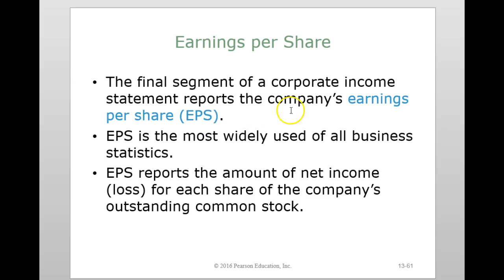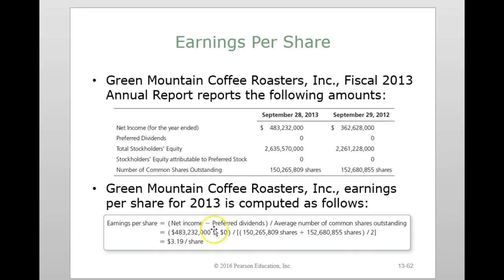The final portion of that income statement, like I mentioned before, usually has this earnings per share. And this is the one most people look at most often. I'm not sure it's the best one, but it's the one that most people look to. And the formula for that is the net income minus preferred dividends divided by the average number of common shares outstanding.